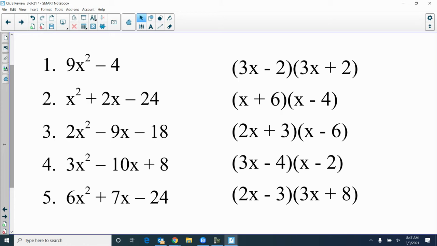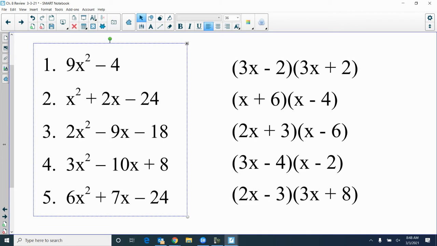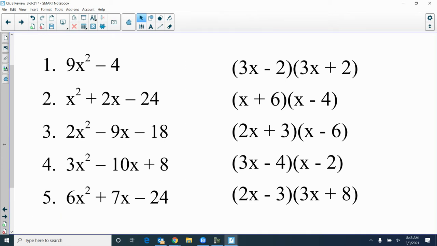Number 2, I don't have a variable here, so the only thing I can start with is x and x. And I have two numbers that are going to multiply for negative 24, two numbers that will add together for positive 2. Again, look here first. That second symbol tells me what?